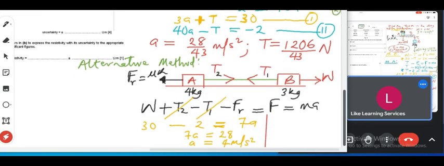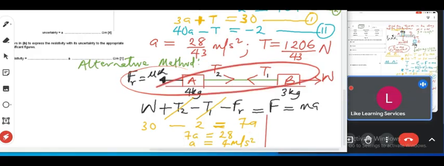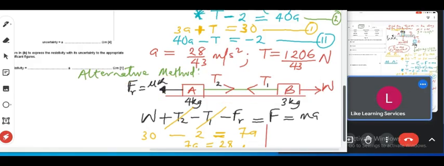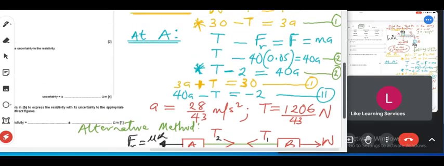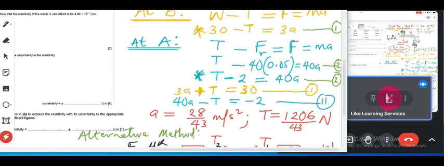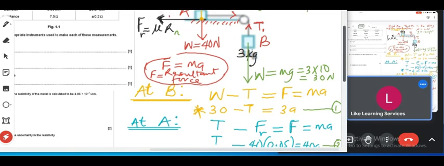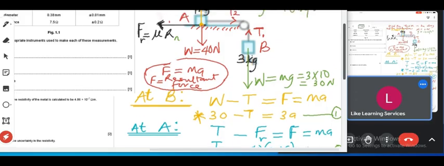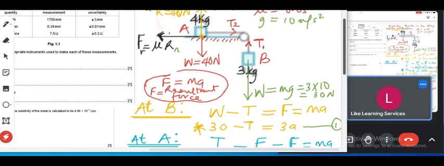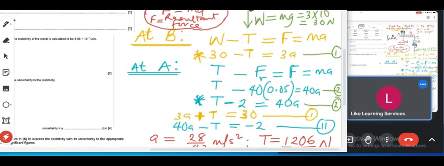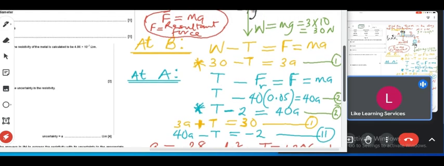Alright, so we've gotten this. In fact, anytime you want to get the acceleration quickly, treat all as a unit. Let me see the second equation. T2 minus frictional force. Oh my God.